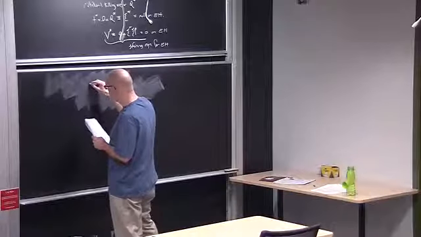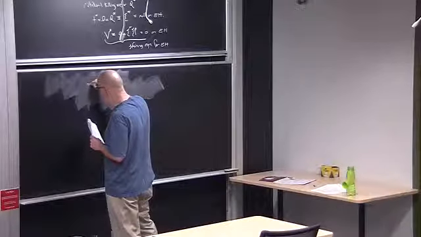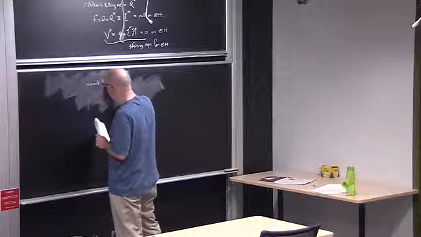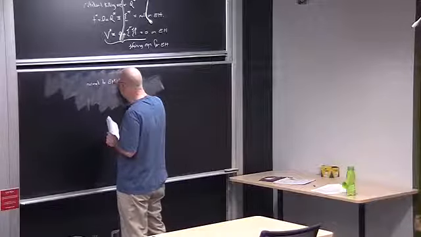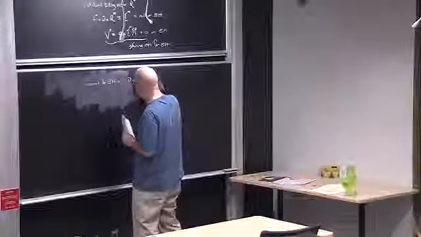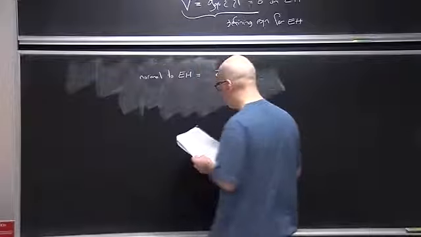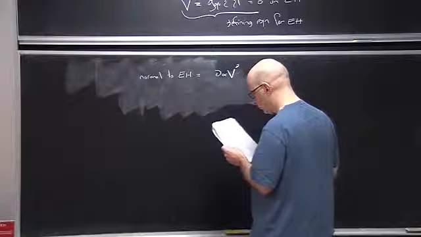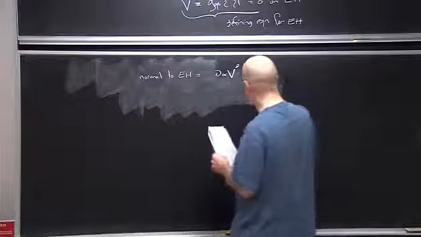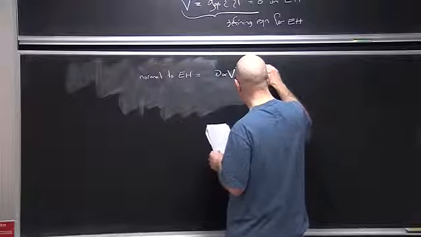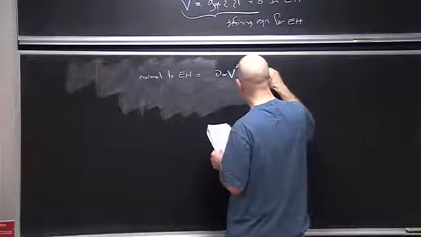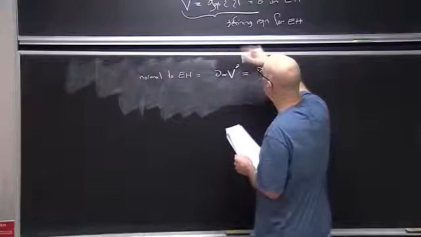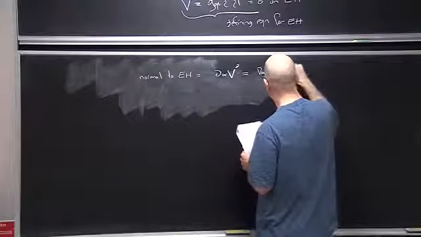So the normal to the event horizon is going to be equal to the gradient of that defining function v squared. That is equal to, well, the covariant derivative of what v squared stands for.